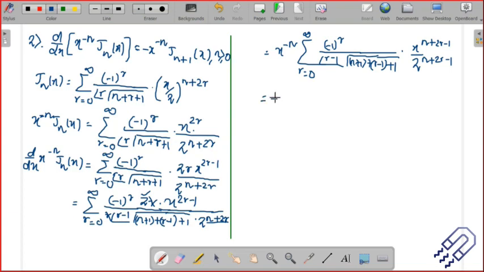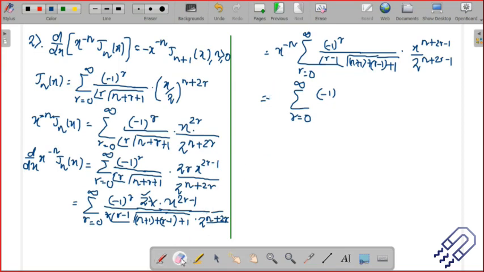This is x to the power n, r is equal to 0 to infinity. Okay. We are actually going to have it something like this. So you see, I can put a minus 1 here, and if I have a minus 1, I can multiply it with again minus 1. Plus minus will become plus. So I'm going to get the same thing. Okay.